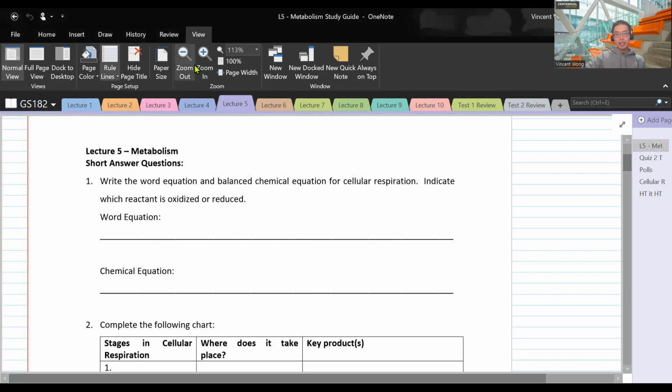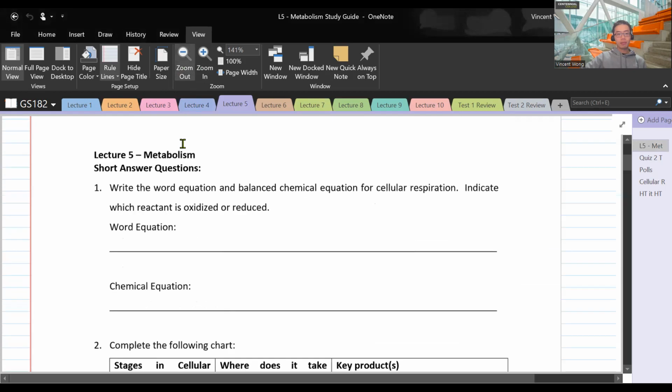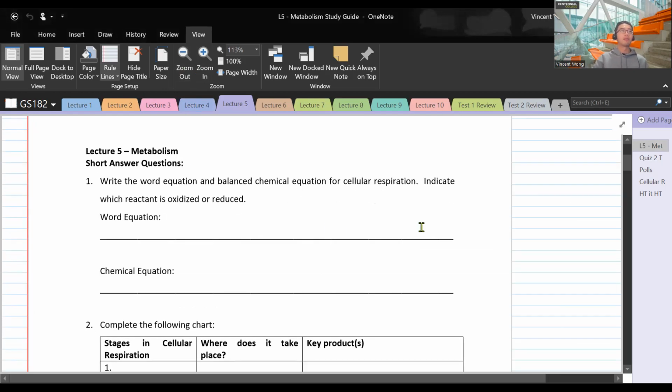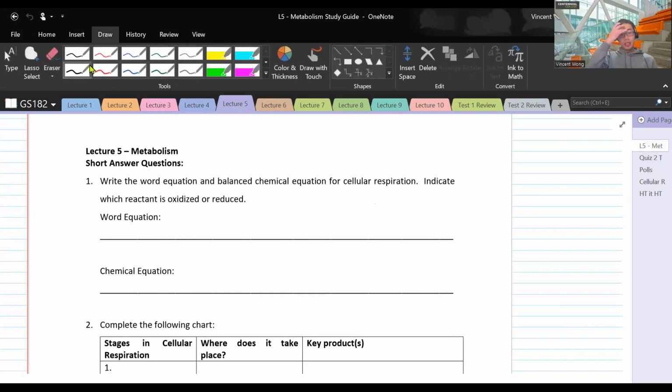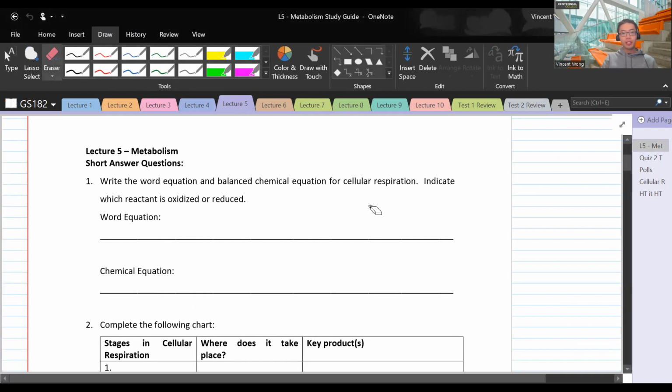But yeah, metabolism. This is a heavy lesson. It has a lot of information in it, and let's try to go through as much of it as we can. So the overall reaction for cellular respiration goes like this.